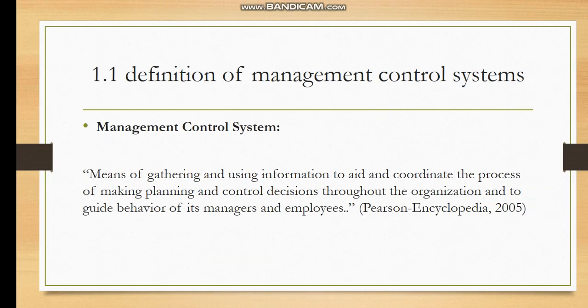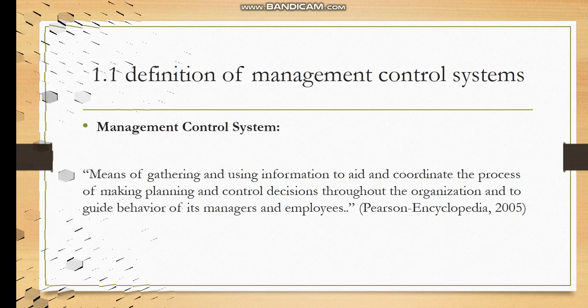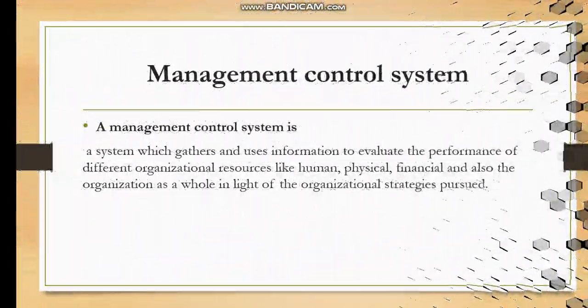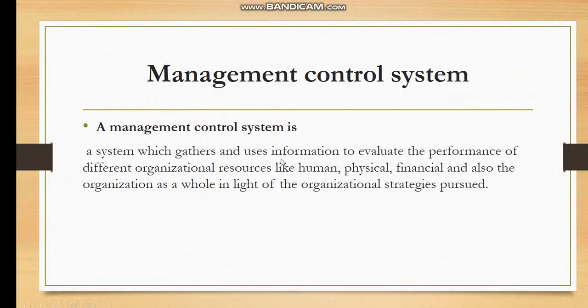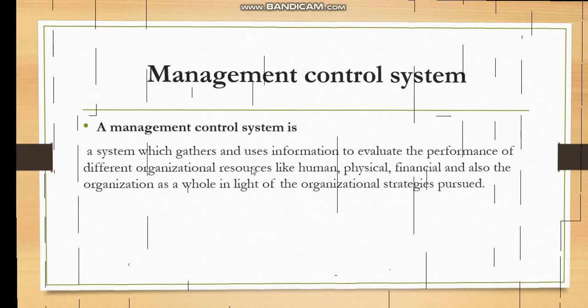So without delaying, I want to go now to the concept of management control system. When you say management control system, it is a system which gathers and uses information to evaluate the performance of different organization resources. When you say organization resources, it means human, physical, financial. So in other words, this management control system is there to help us evaluate the performance of different organization resources.